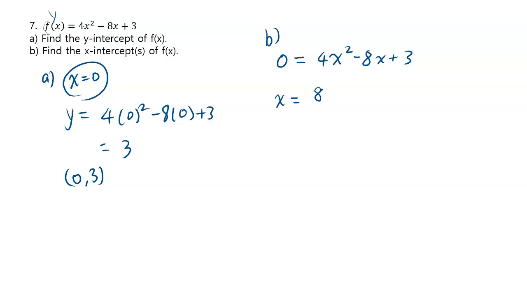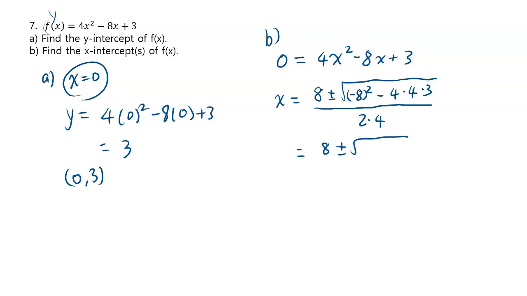the quadratic formula. Okay. So b is negative 8, so negative of negative 8 is 8, plus minus the square root of negative 8 squared minus 4 times a times c, 4 times 3, and then all over twice a, which is 8 plus minus the square root of 8 squared, which is 64, minus 16 times 3, that's 48, over 8.